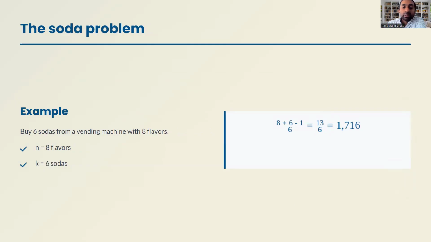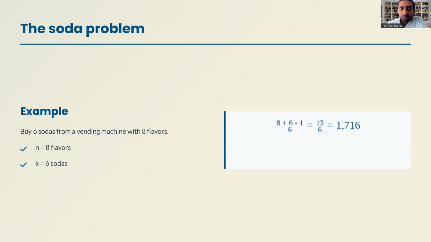Let's apply the stars and bars formula to a concrete example. Suppose you want to buy 6 cans of soda from a machine that offers 8 different flavors. In this scenario, n equals 8, the number of categories, and k equals 6, the number of selections we are making.